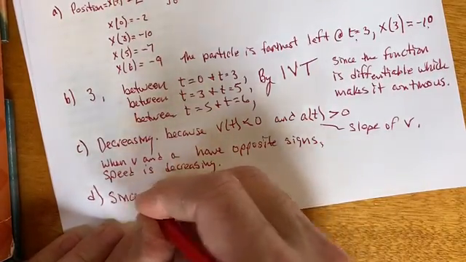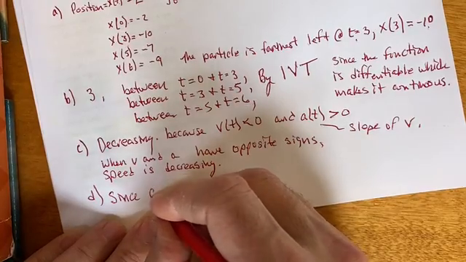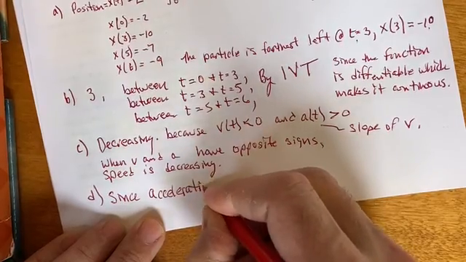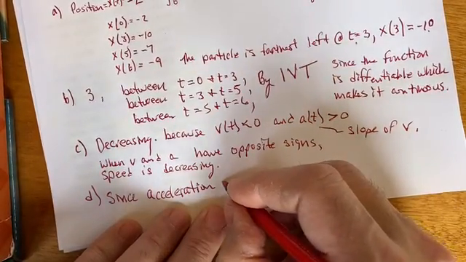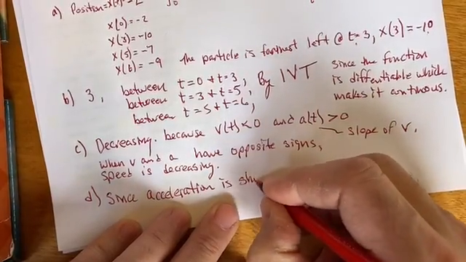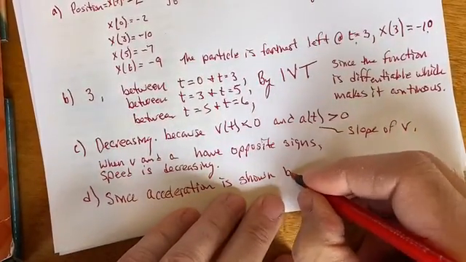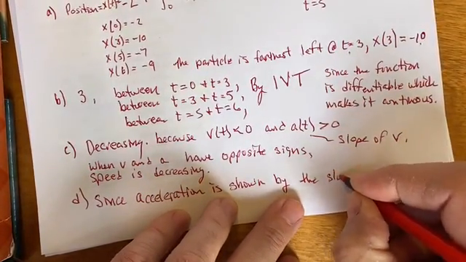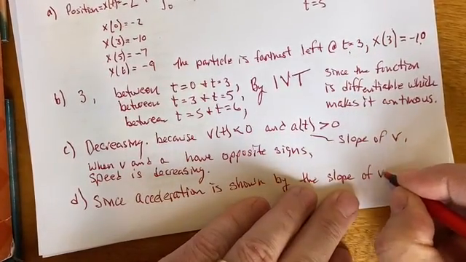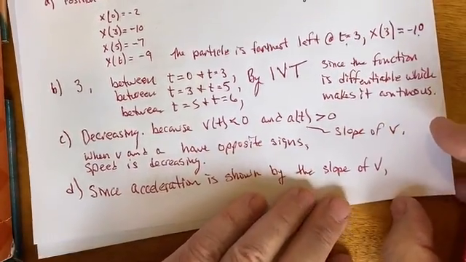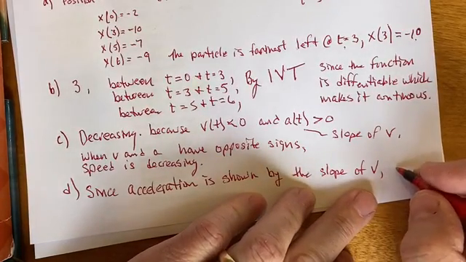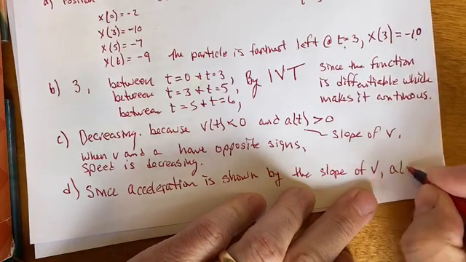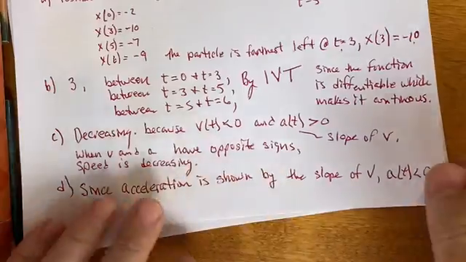Since acceleration is shown by the slope of velocity, acceleration is less than 0.